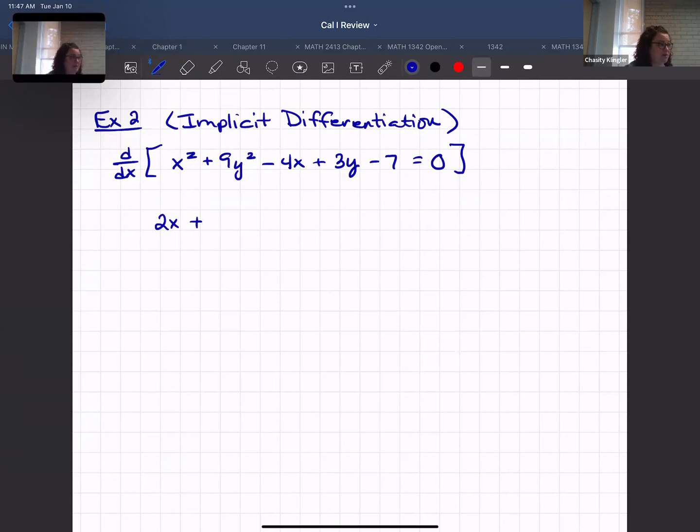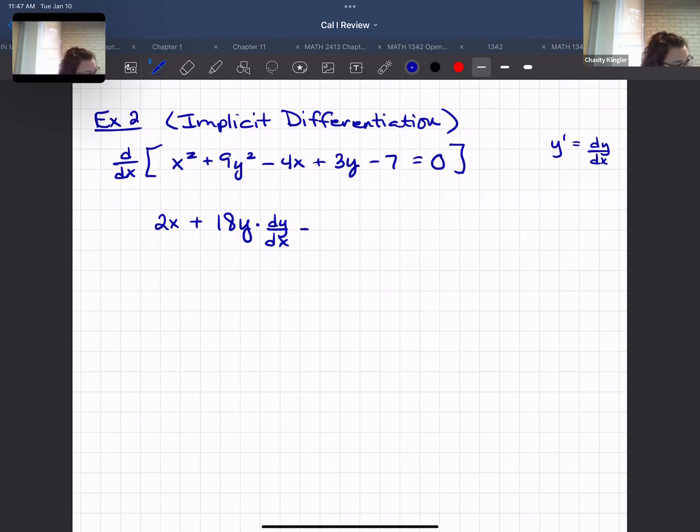So I'm still going to take the derivative of it, which would be 18y, but then that's going to be times dy dx. And you can put y prime there if you want. Remember, you can do y prime equals dy dx, but a lot of times that starts to look like y to the first power. So it's a little more tedious to write dy dx, but it might keep you from messing some stuff up.